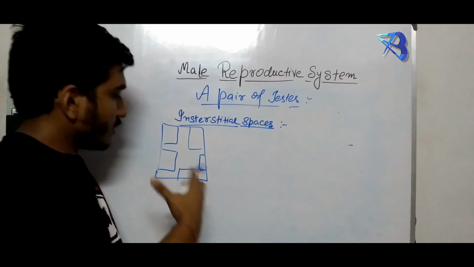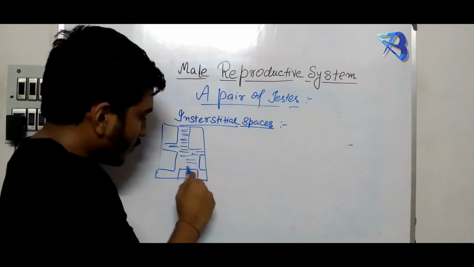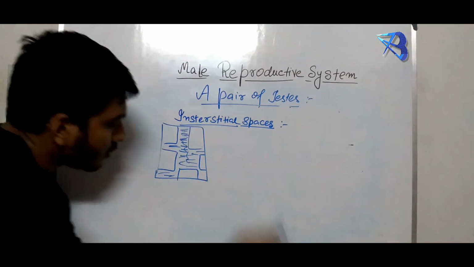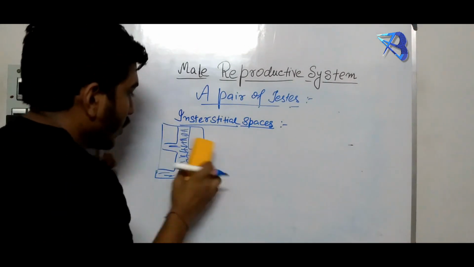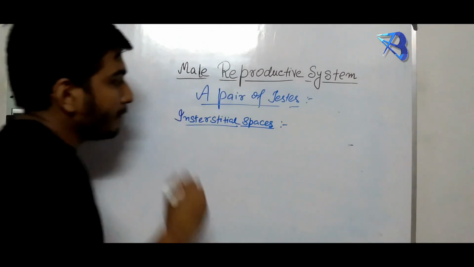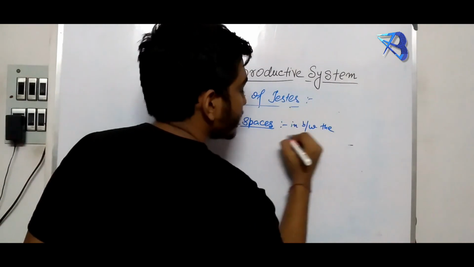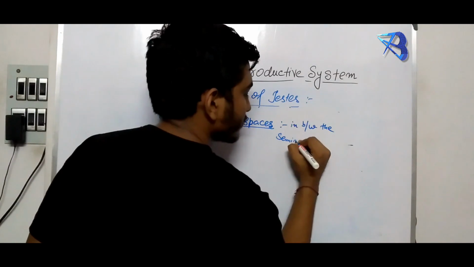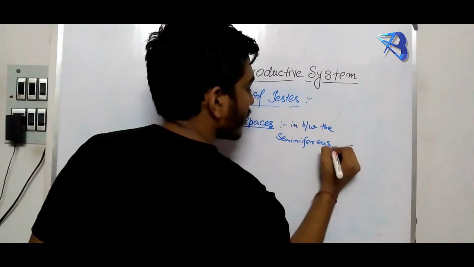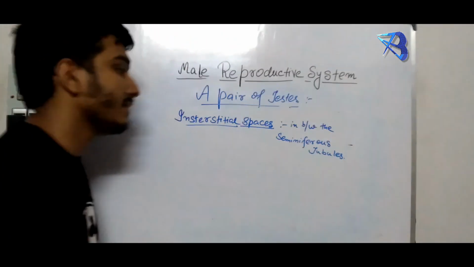Now the spaces in between these objects kept, these are known as the interstitial spaces. So these interstitial spaces are present in between the seminiferous tubules.